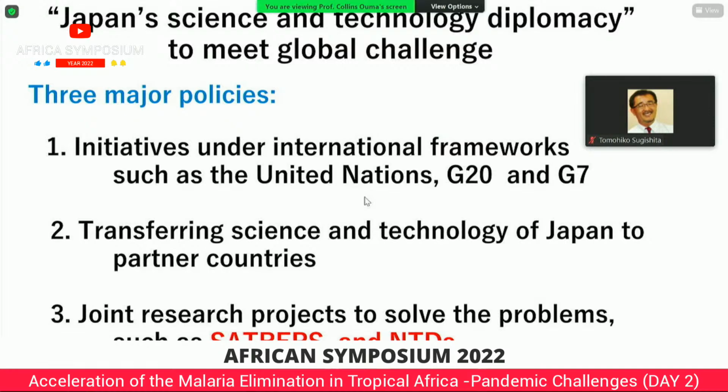Third is a new response: scientists from both Japan and partner countries conduct research and development to solve problems and transfer the results to the issues. SATREPS and the NTD project that I was told about are representative. Next slide, please.